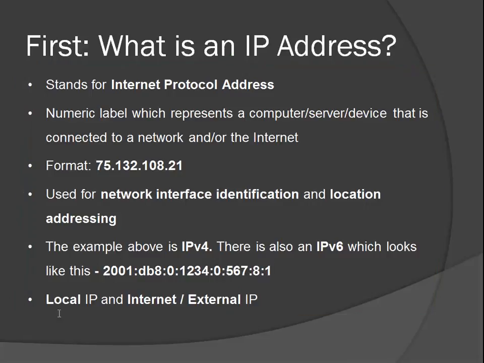Okay, so there are local IPs and internet or external IPs. So if you have a wireless router in your home and you have, let's say, a desktop in your office, a laptop in your kids' room, and a desktop in your living room, each one of those has a separate IP address on your network.